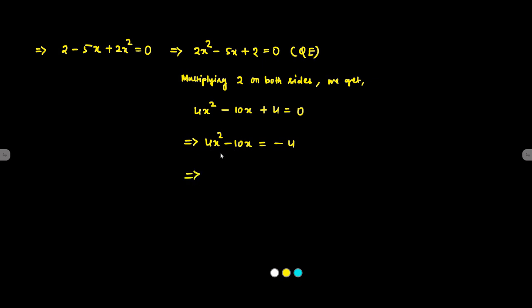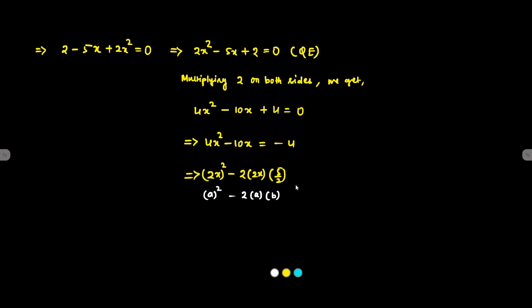Now we have to bring this into the (a − b) whole square form. So we can write it as (2x) whole square for 4x², minus 2 into 2x into 5/2. Yes, 5/2, because this should be equal to 10x: the 2 gets cancelled, and 5 into 2x is 10x. So this is a², this is 2ab, so a is equal to 2x, b is equal to 5/2.